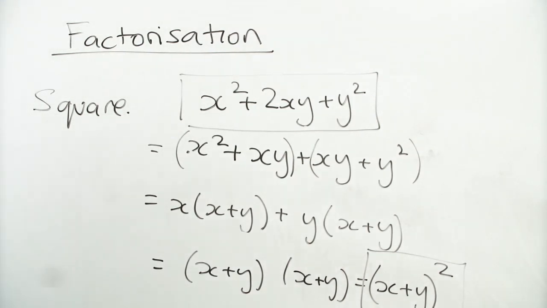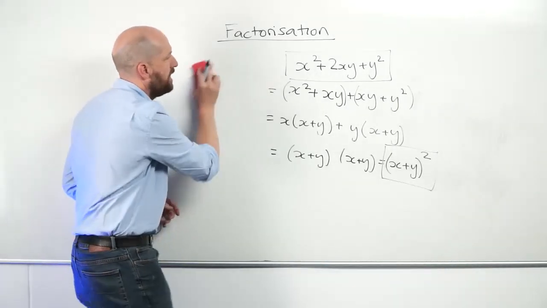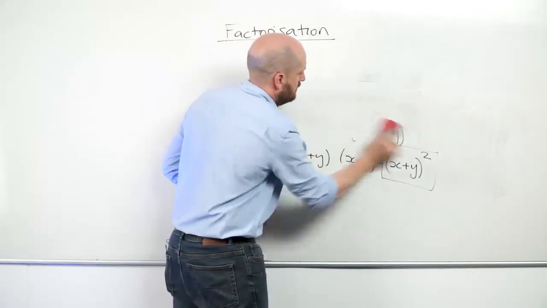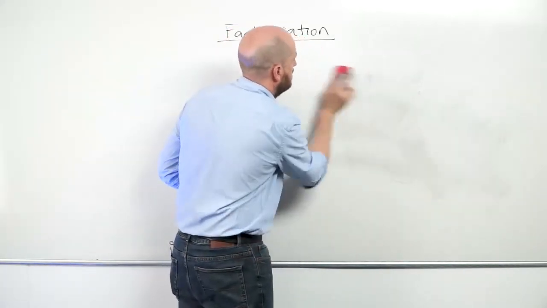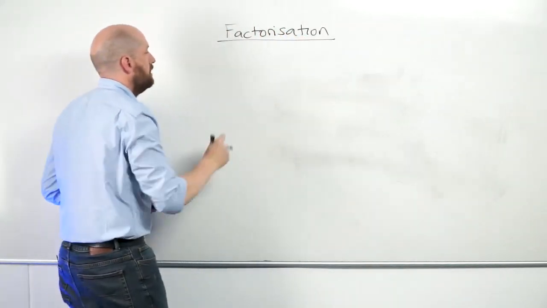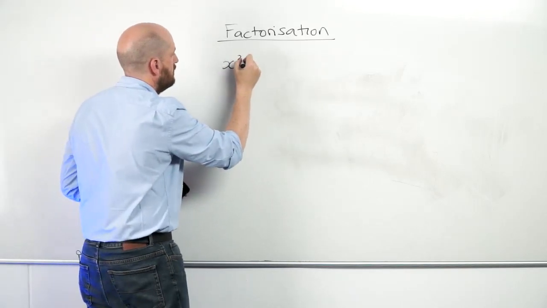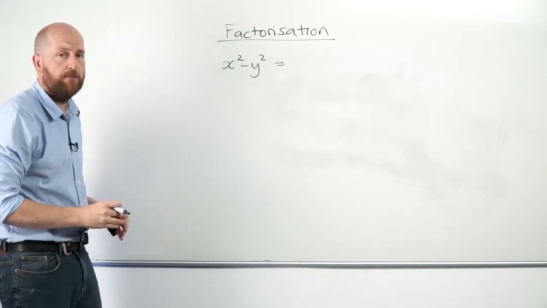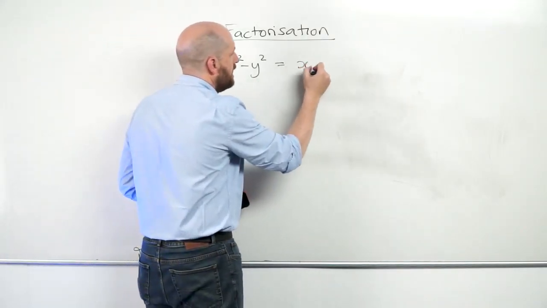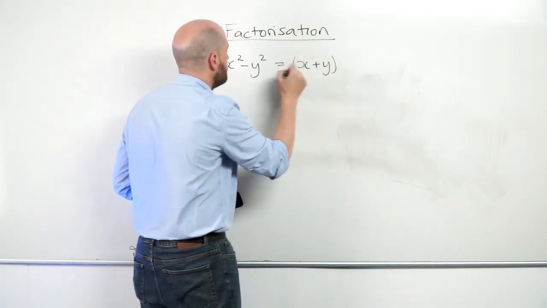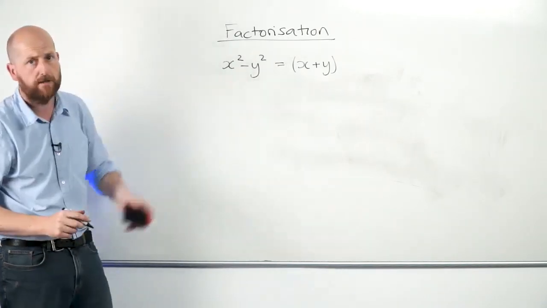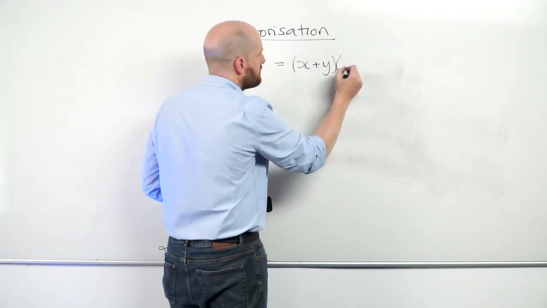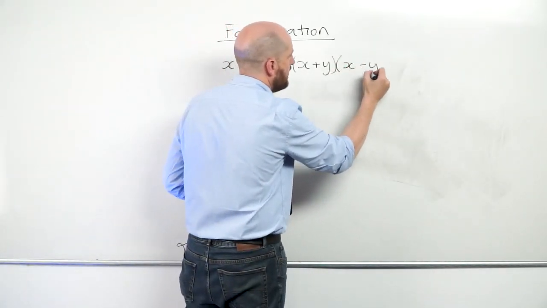The second possibility is the difference of squares. You can do a similar thing, but it's worth just remembering that the difference of two squared numbers, x squared minus y squared, is in fact x plus y times x minus y.